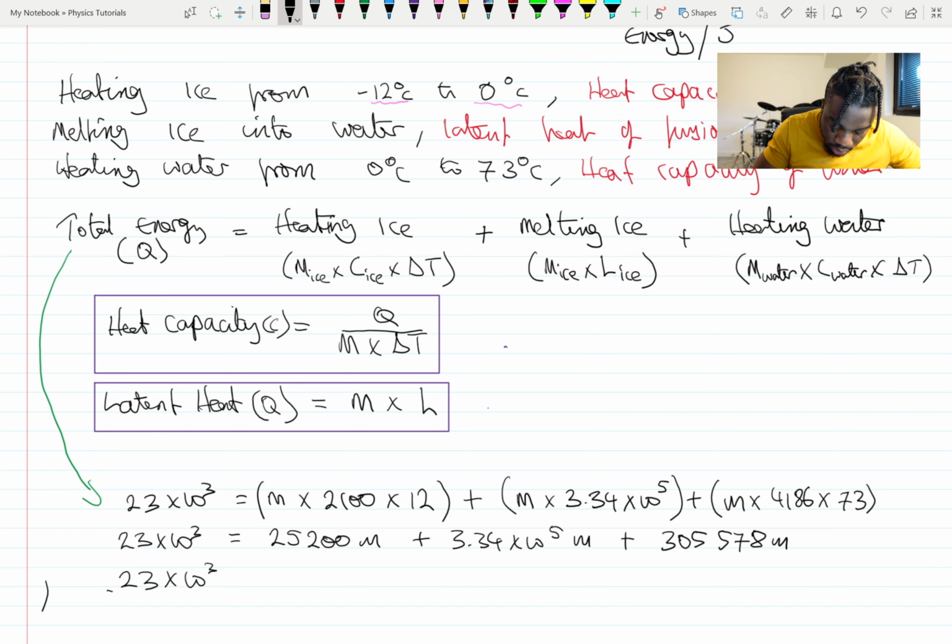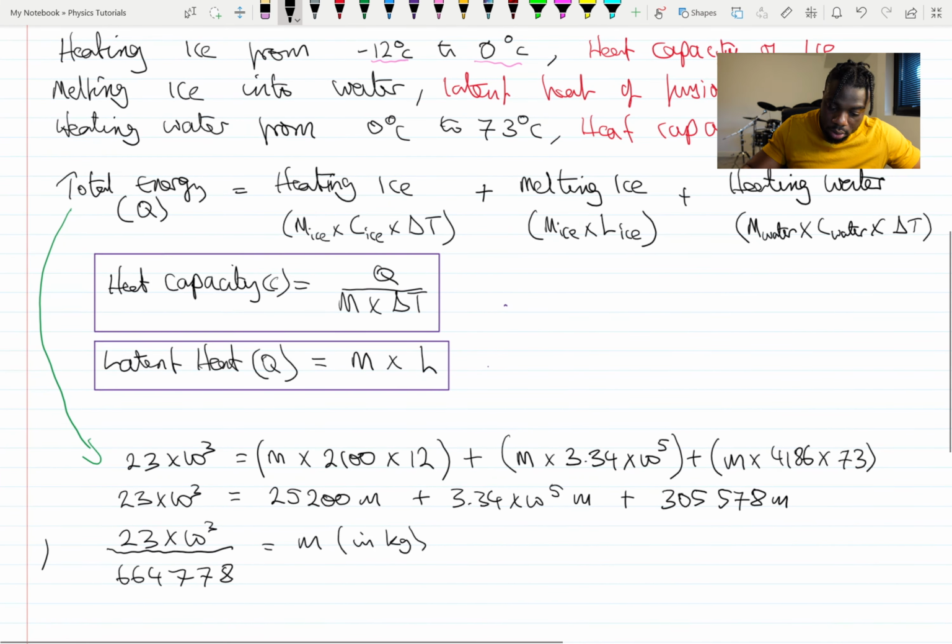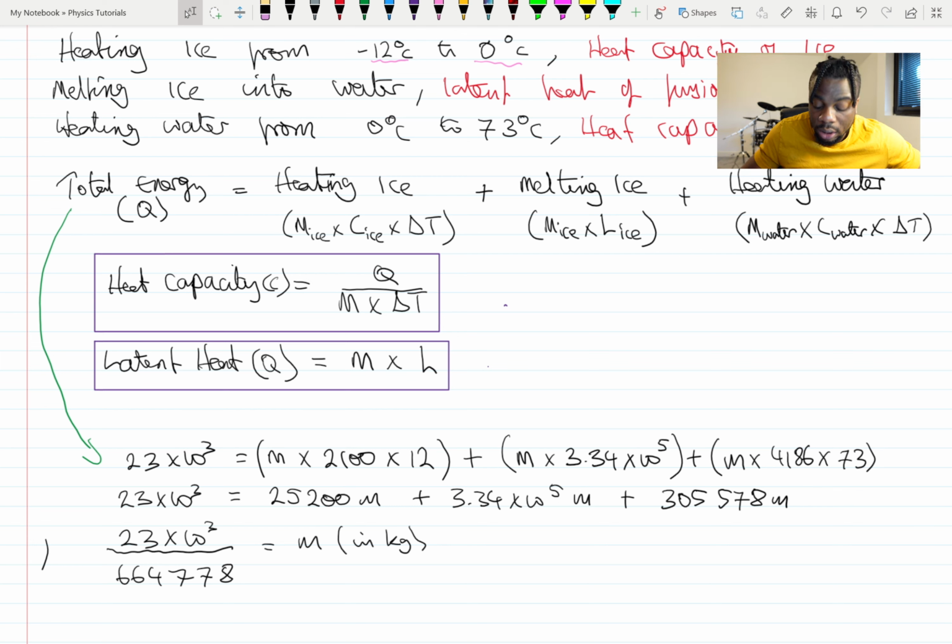Okay, so that's 23 times 10 to the 3 divided by 6,64778 equals the mass in kilograms, because we're using SI units, the base unit, so we are going to end up getting the mass in kilograms. We have to convert to grams.